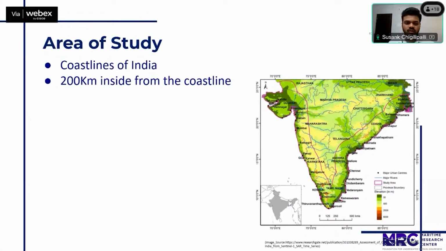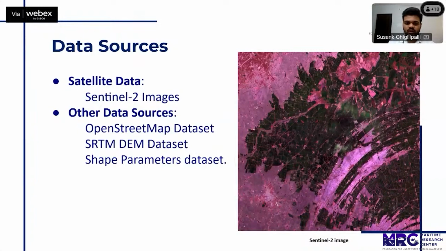Our area of study focuses on the area encompassed between the coastline and 200 kilometers inland from the coastline. For our study, we use Sentinel-2 data due to its high spatial resolution, with other data sources like OpenStreetMap, digital elevation model from NASA, and shape parameter dataset.